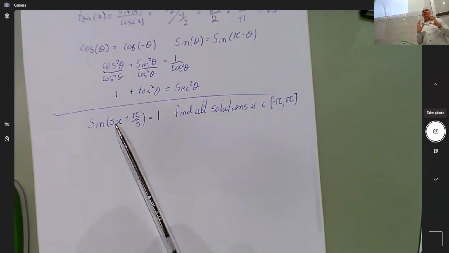So that number, because it's in front of the x, is going to modify the period. And actually, a way to interpret that, so the period of sine is traditionally 2 pi. That 3 tells me that I'm going to get 3 periods in my traditional 2 pi region.